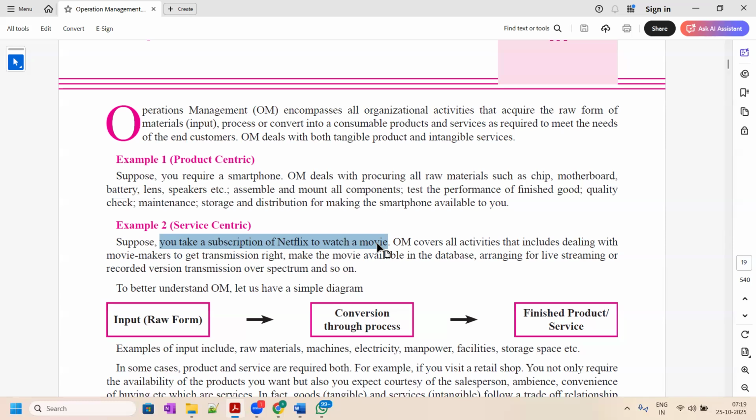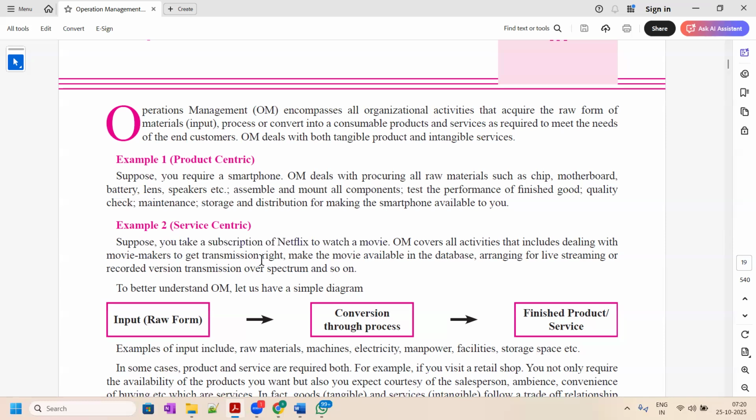It would involve working with movie creators, uploading and managing the movies in the database. Okay, then handling the live streaming or recorded versions. So here operation management, when you are engaging in the service industry, would be more about how it will make sure that you watch your favorite shows smoothly.